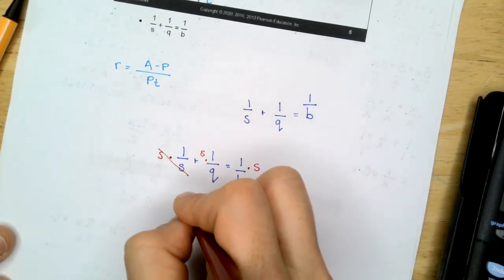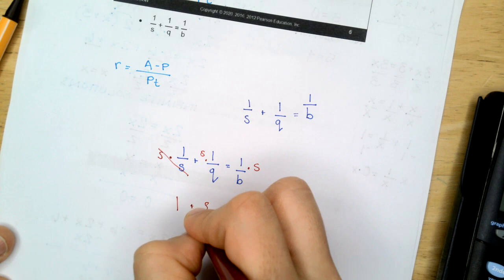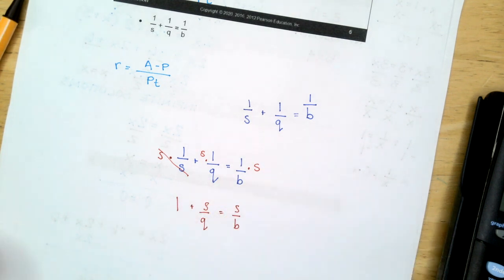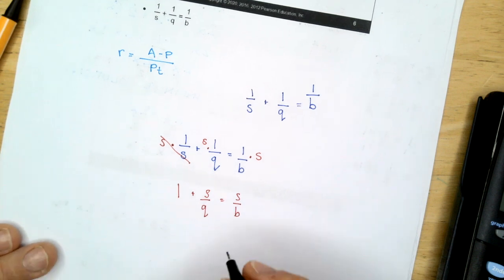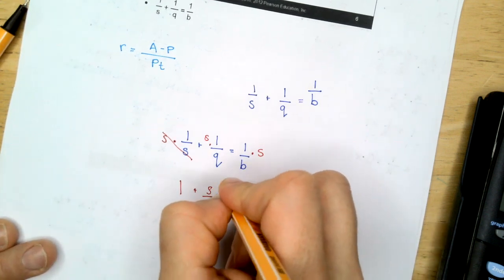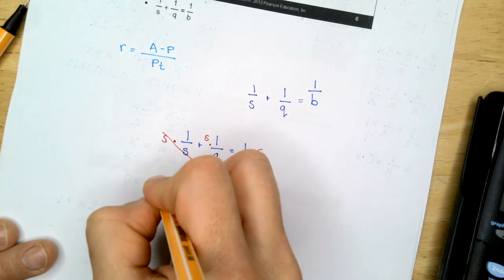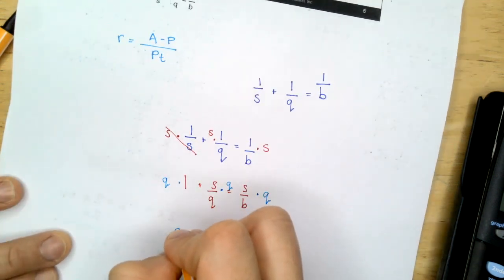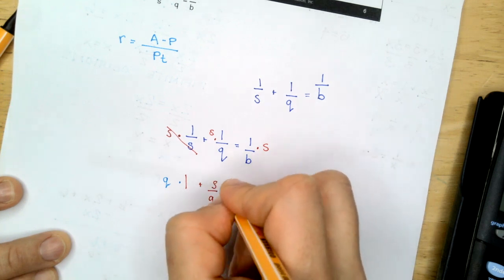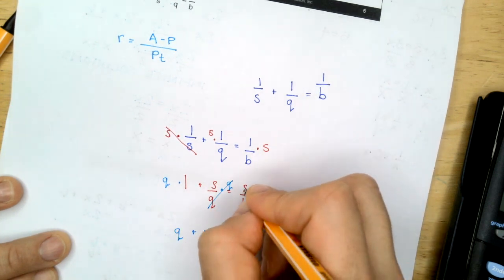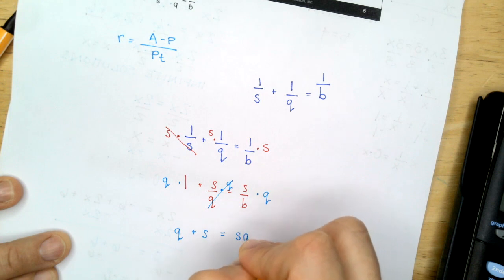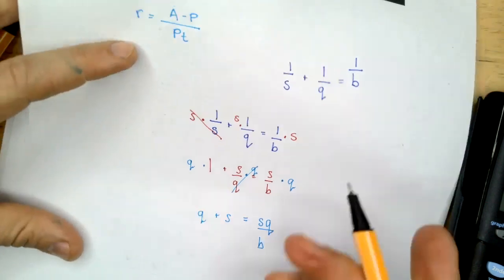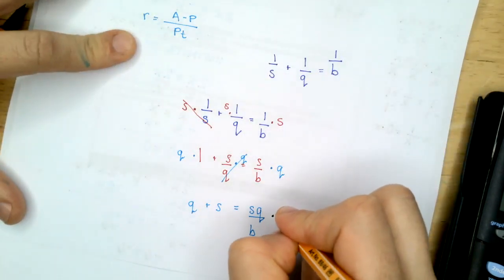Now I have 1 plus s over q equals s over b. Right? I want this one gone, so I'm going to multiply by q, multiply by q, multiply by q. 1 times q is q. S times q divided by q is just s. S times q over b. This one's being divided by b. I want the b gone, so I'm going to multiply everything by b.